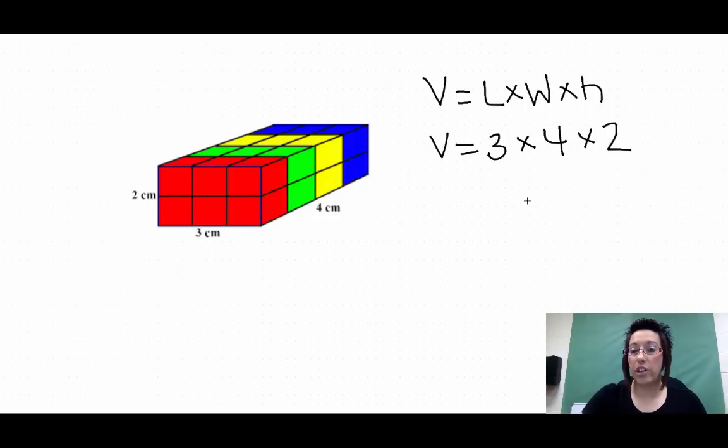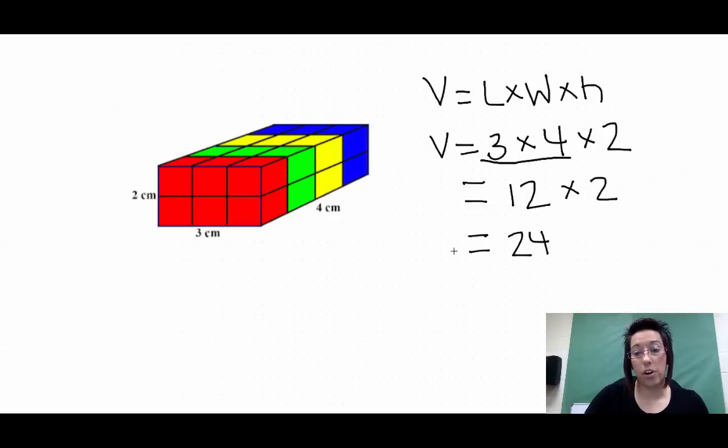And as with everything in number sentences, we are going to work this out like algebra. We start from the left and go to the right. Underline our first step. 3 times 4 is 12. Copy down the rest. 12 times 2 equals 24.